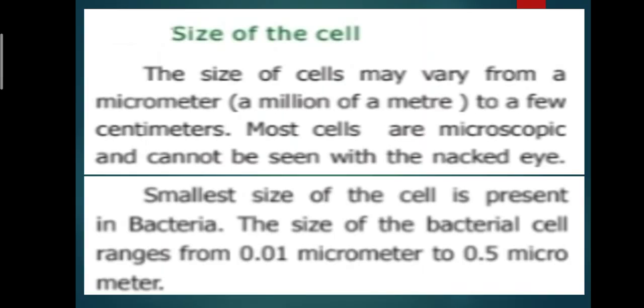The cell size may be as small as a millionth of a meter or may be as large as a few centimeters. Usually, all cells are microscopic in size and are not visible to the naked eye. Thus, they need to be enlarged by a microscope for seeing.